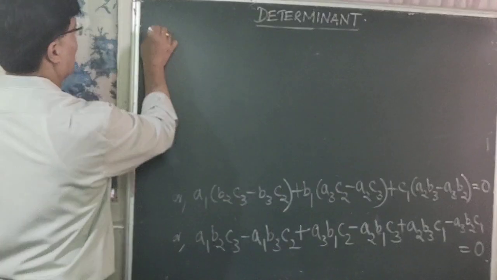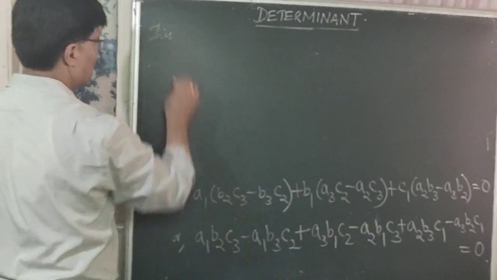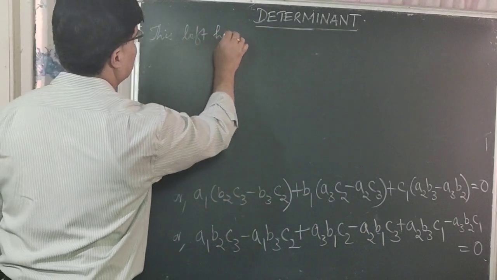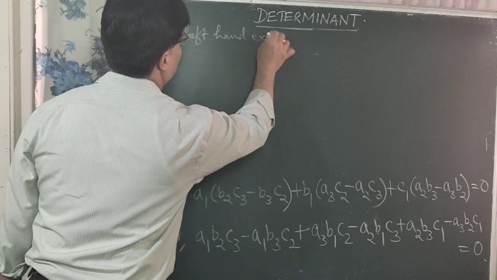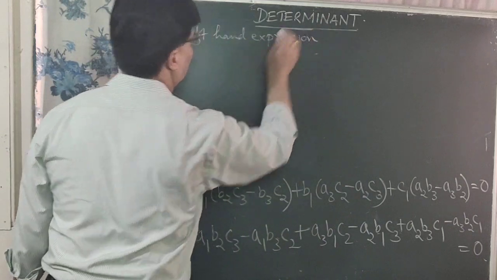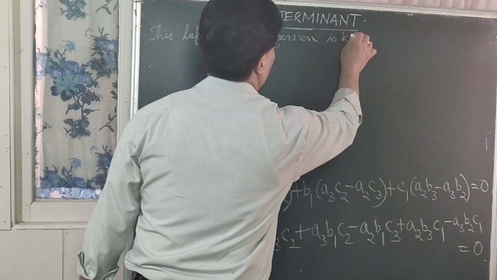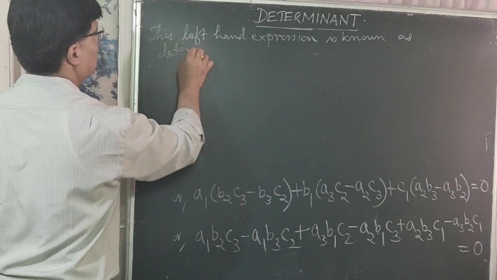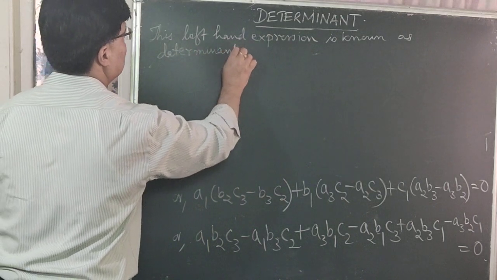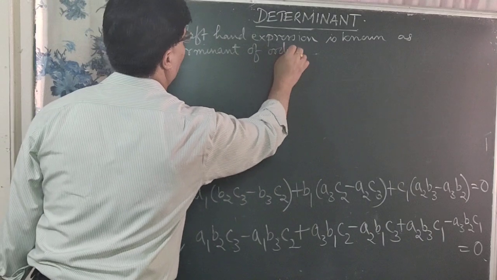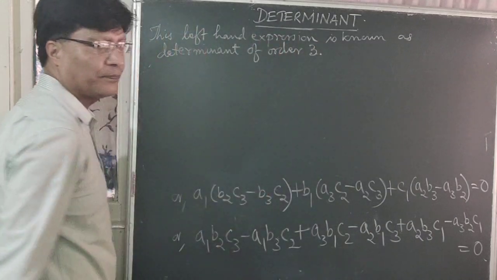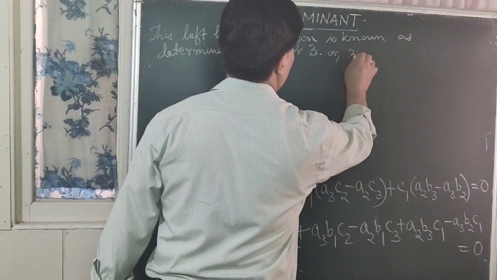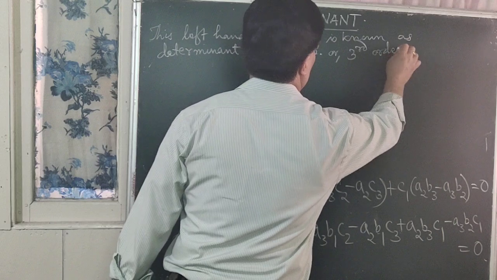Let us write down this left hand expression. This left hand expression is known as determinant of order 3, or you may write third order determinant also.